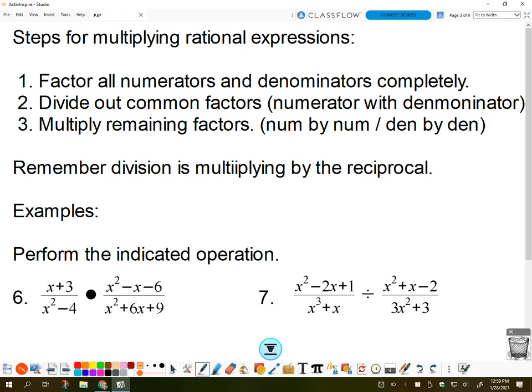You can't cancel 2 bottoms that match. And then multiply your remaining pieces, making sure that you multiply like you're supposed to with fractions, top times top, bottom times bottom. And then this is very important. People sometimes forget. Remember that if it says divide, you're really multiplying by the reciprocal. So keep, change, flip. You're going to change it to multiply and flip that second fraction.